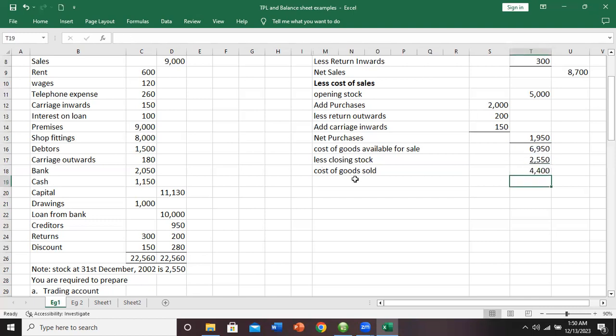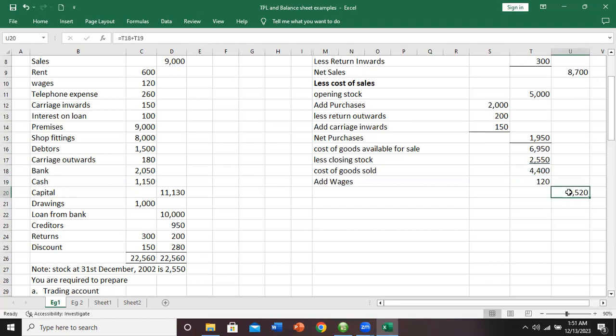We get 4,400. Then we can add the trading expense, which is just 120 cedis. When you add, you now get the cost of sales. So the cost of sales should be pushed under the third column. So 4,400 plus 120 gives us 4,550.